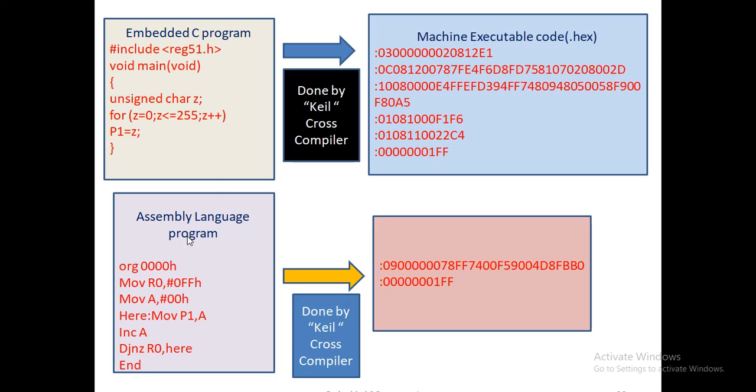But the same logic I wrote in assembly level programming. You just see the .x code. Compared to this one, C consumes more memory compared to assembly level programming. So assembly level programming is good because it consumes very less program memory. You just see the comparison.